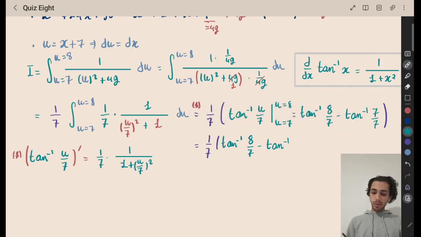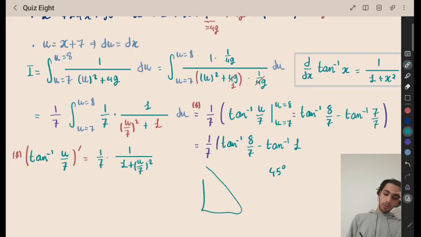And if you ask yourself, the tangent of what angle, what angle in radians gives you 1? It's 45 degrees, right?